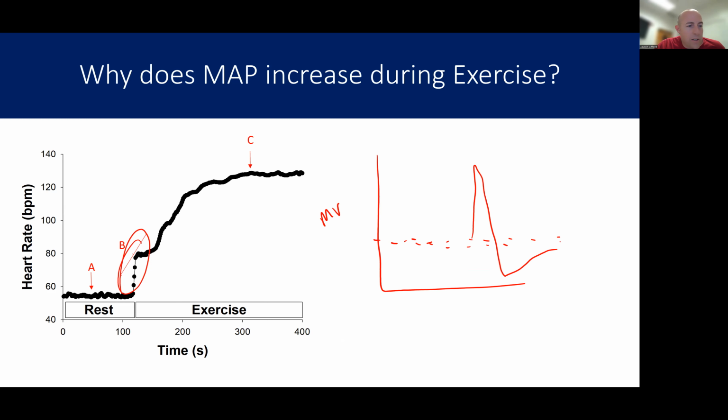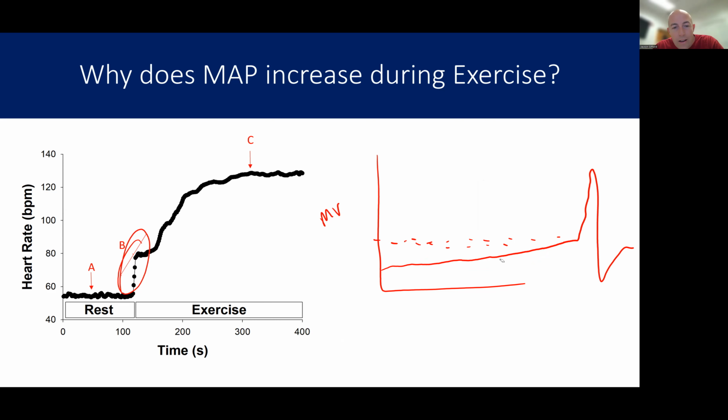Under normal circumstances, if you have no innervation of the heart at all, the heart rate will naturally depolarize. It's leaky. It will depolarize itself to threshold about 100 times per minute. But your resting heart rate is not 100 beats per minute because right now you have parasympathetic activity slowing the depolarization rate. So you have these IPSPs decreasing the rate of depolarization.